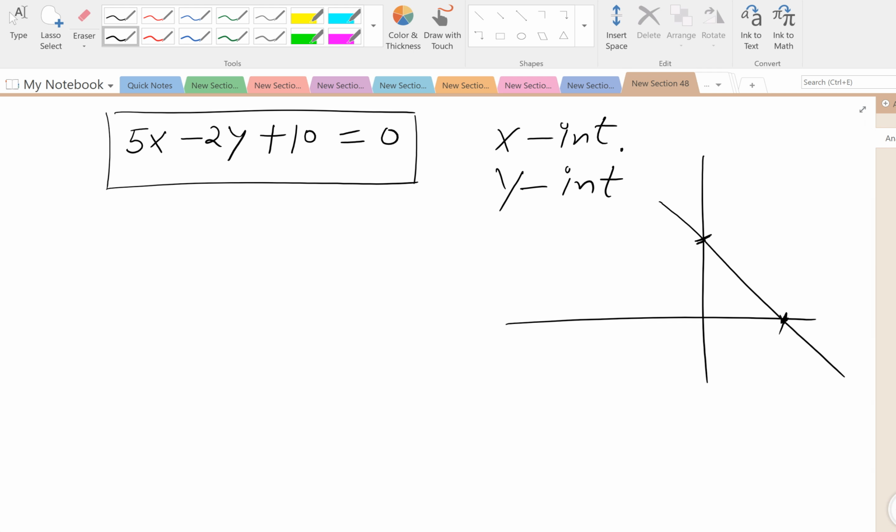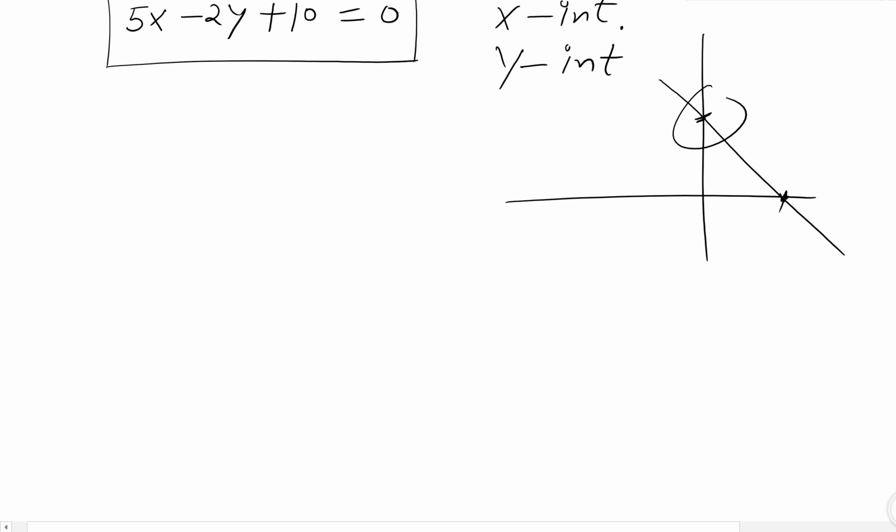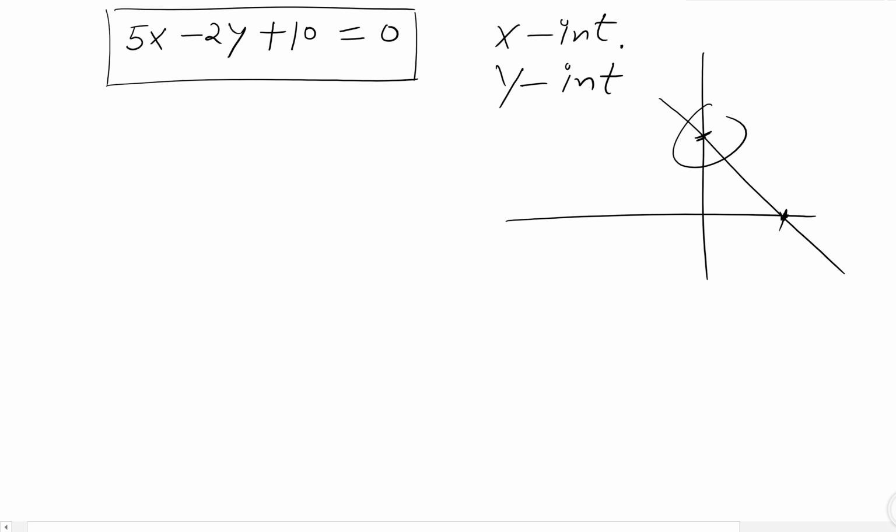For finding that, in order to find the y-intercept, you're gonna convert it to the slope-intercept form, right? The thing that I already taught you. In order to find this point, what do we do? What is the y value on this line, on the x-axis?